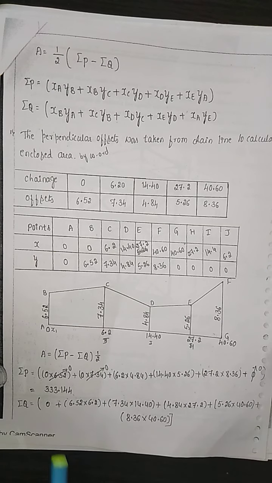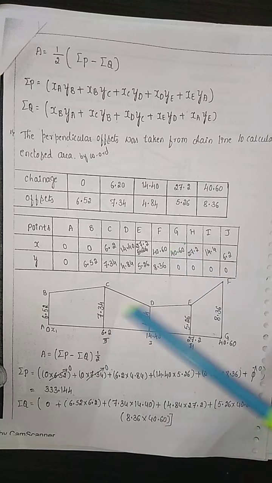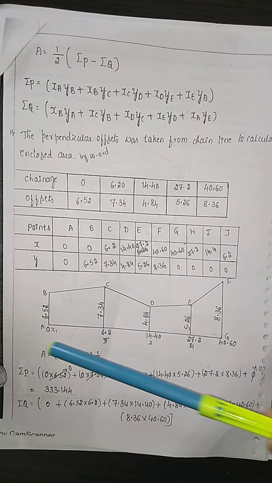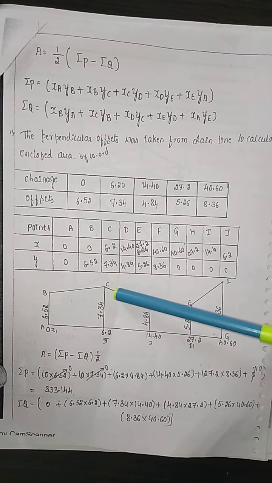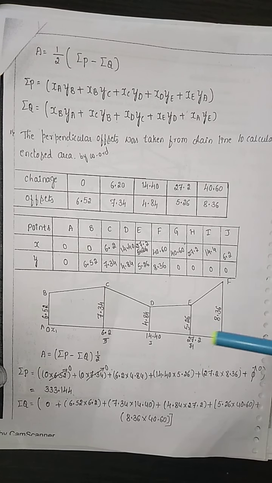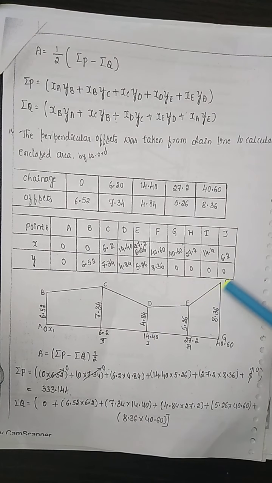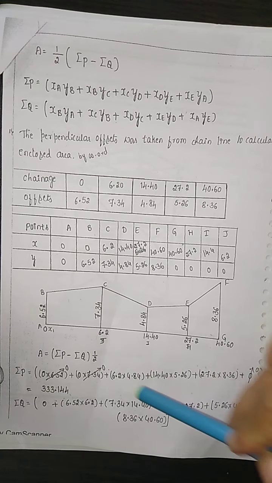Along with that, they have given the points A, B, C, D, E, F, G, H, I, J.